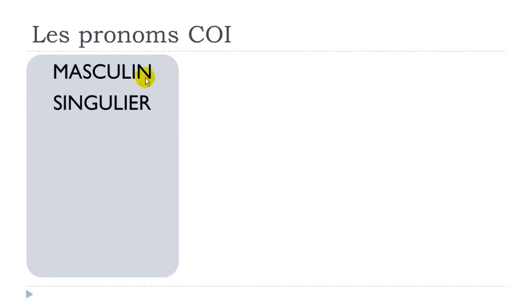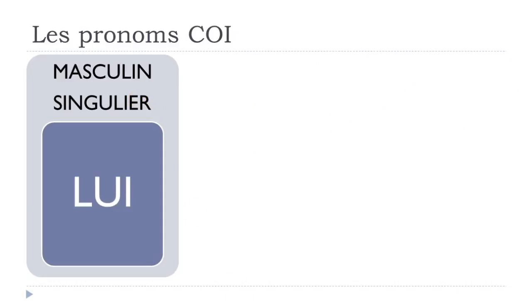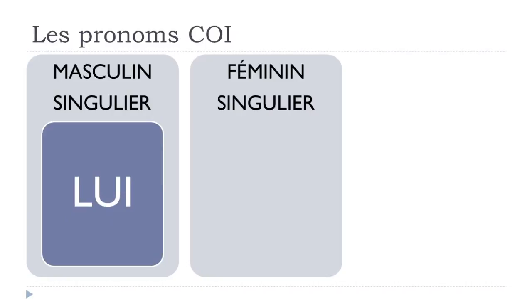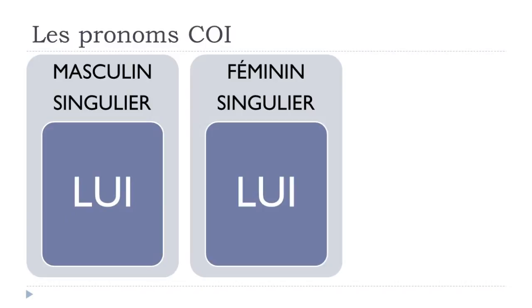As usual in French, we will have the difference between the masculine form, the feminine form, and the plural form. Here, just to start, we'll start with masculine singular. Masculine singular form will be lui. Féminin singulier, the feminine singular form, will be lui.